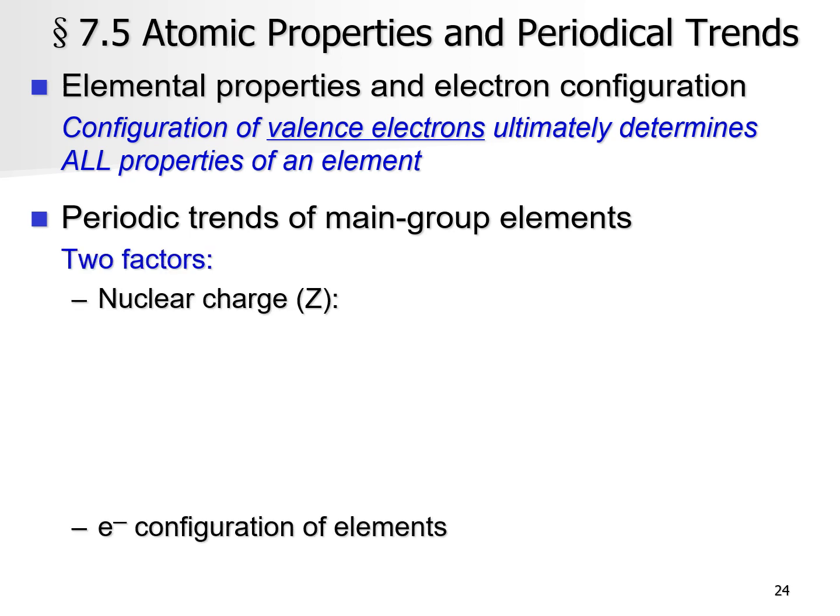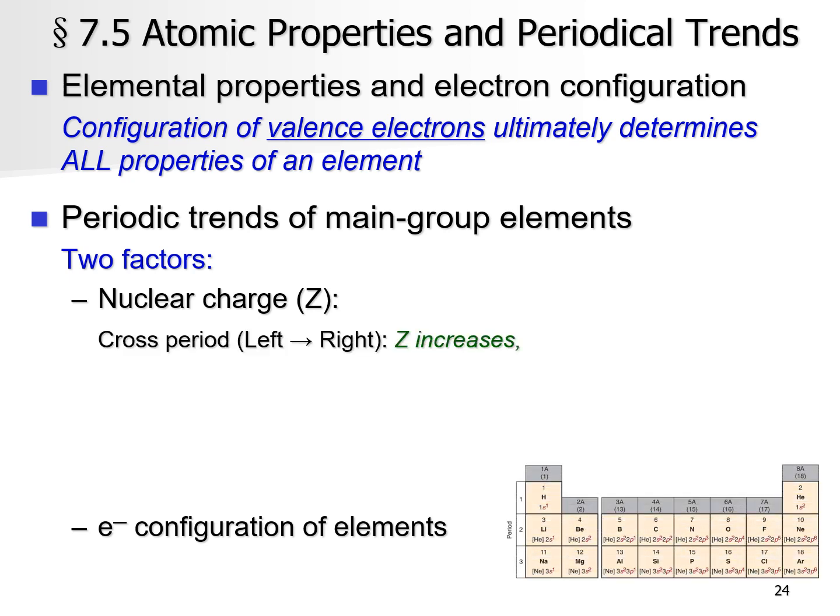There are two factors that can help us understand the periodic trend of these main group elements. First, nuclear charge. Second, electron configuration of the individual element. For the nuclear charge, here I just want to use this half periodic chart for main group elements to make a point.